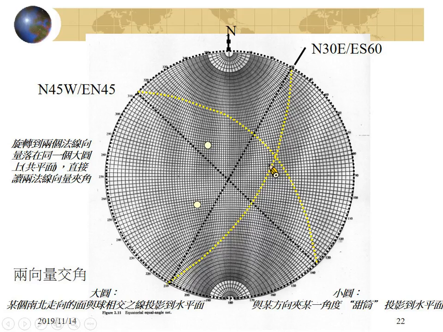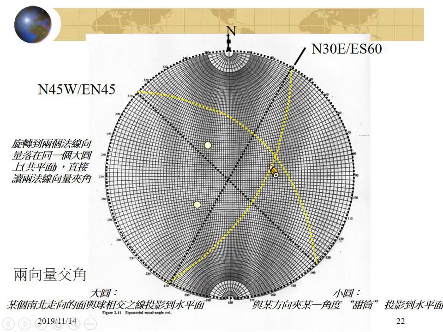每一个 small circle 就是一组 cone 跟大圆相交出来的线投影到水平面上，每一组小圆都是。所以这一组小圆跟这一组小圆夹2度。This small circle has a 2-degree difference from this small circle, and a 4-degree difference from this one.